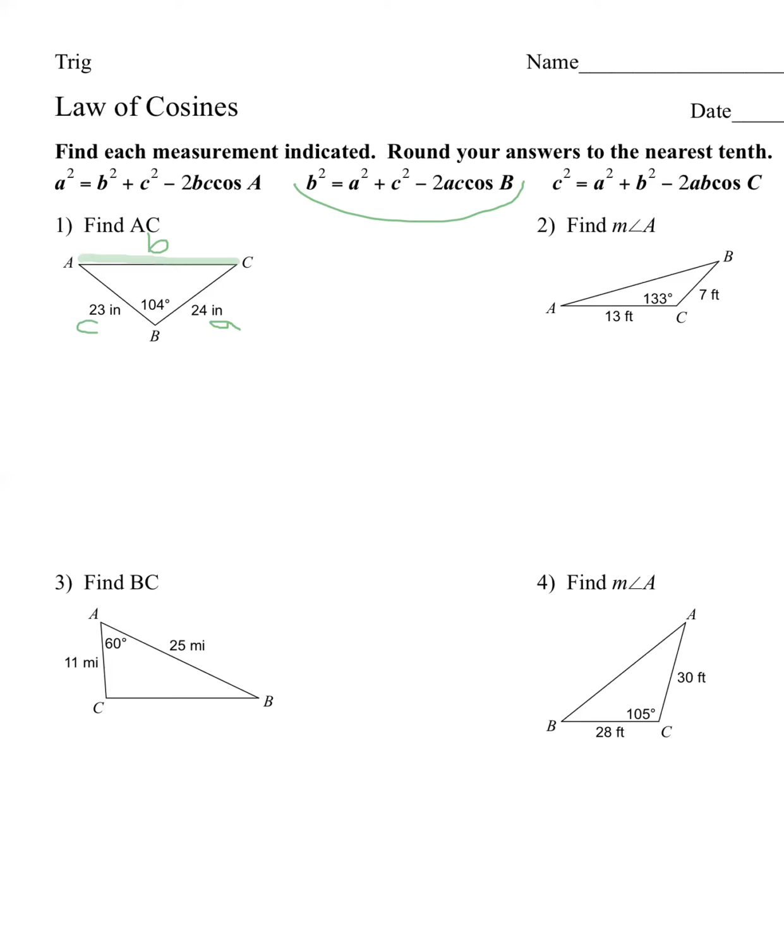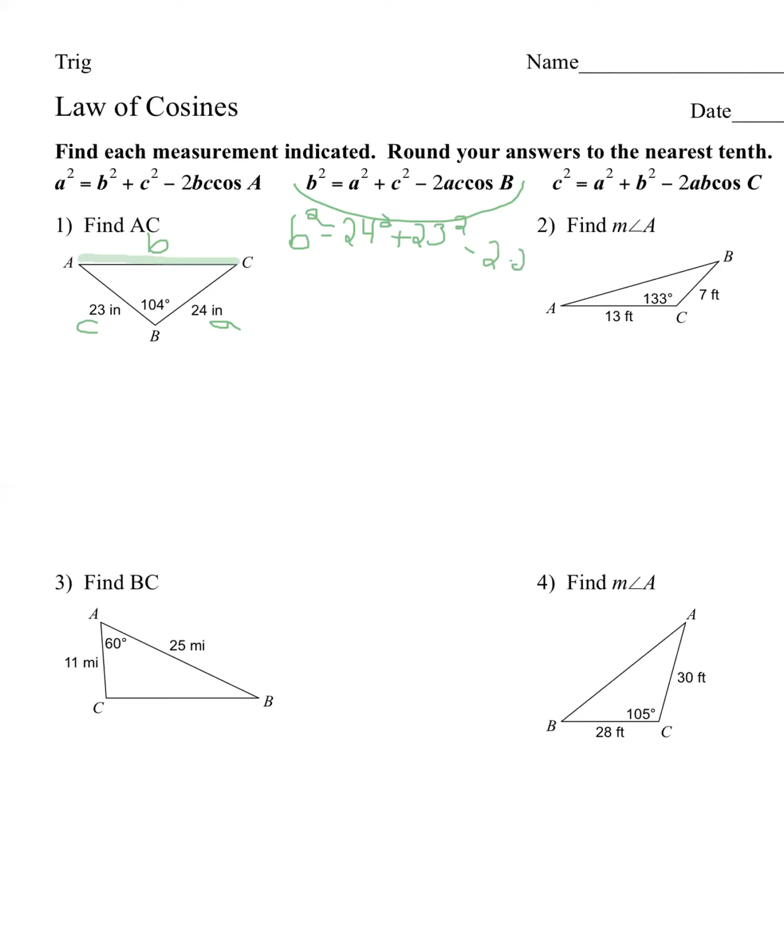Just going to make my life easier. So let's pop in everything that we have and solve for what we need. So b, I don't know what you are, but a is 24 squared plus c, which is 23 squared, and then I'm going to minus 2 times a times c.